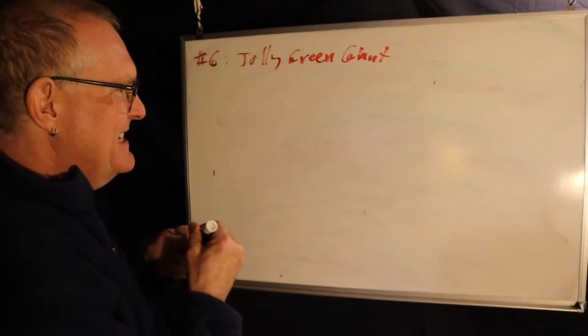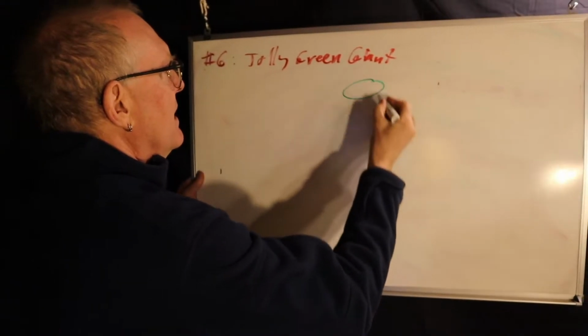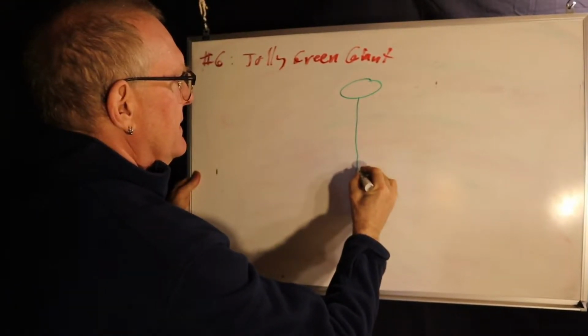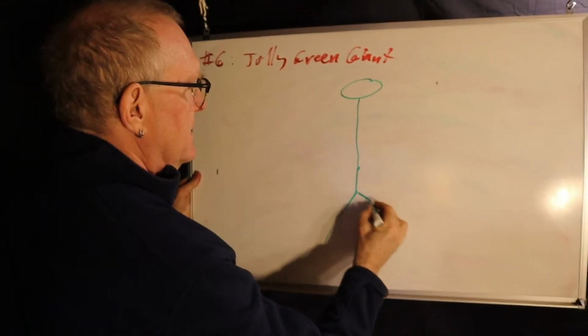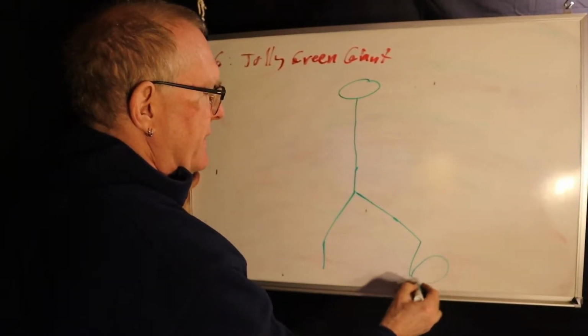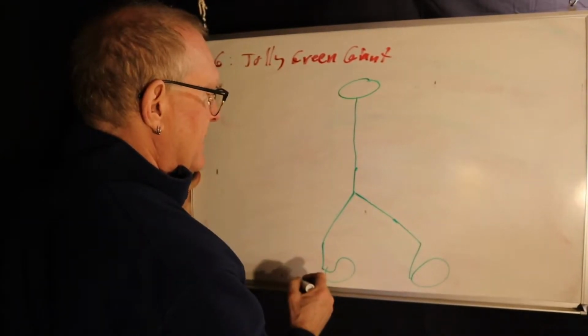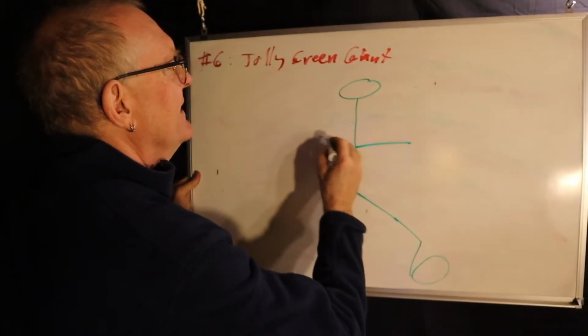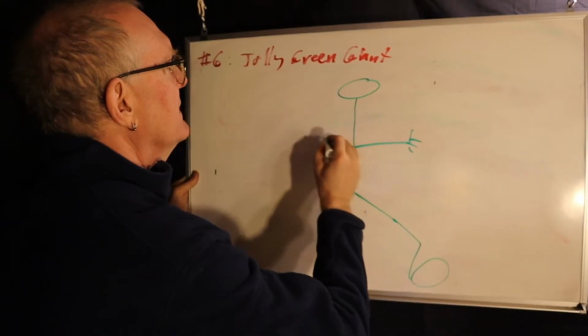So in this case, you want to imagine that you are a giant. You've got to have giant feet, all right? And there you are. You're the Jolly Green Giant.